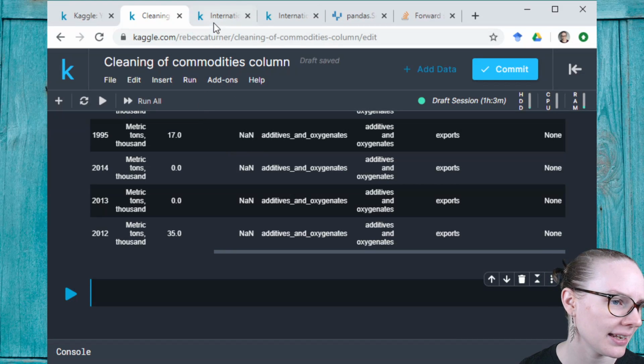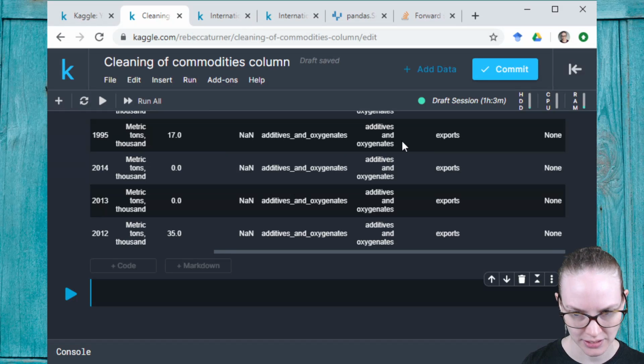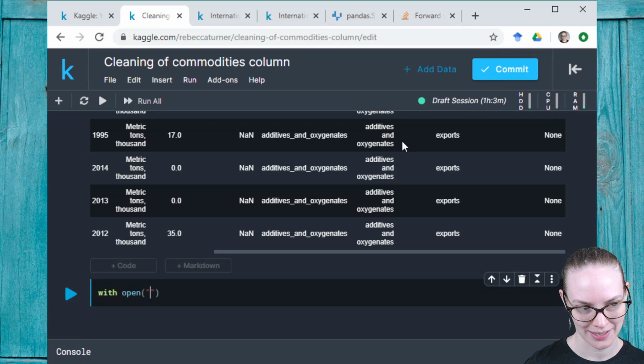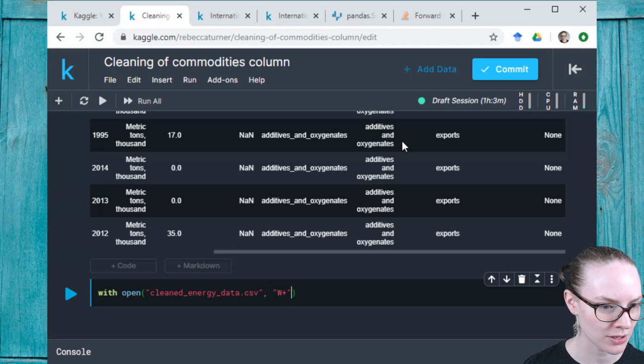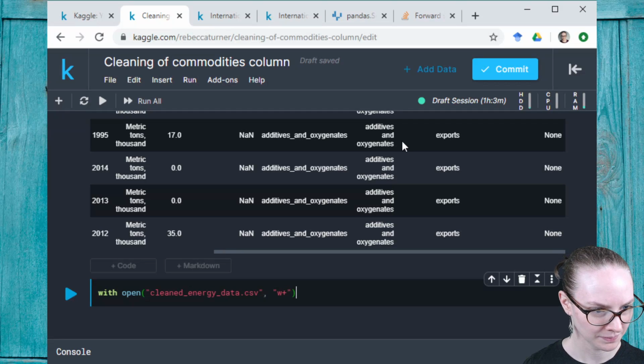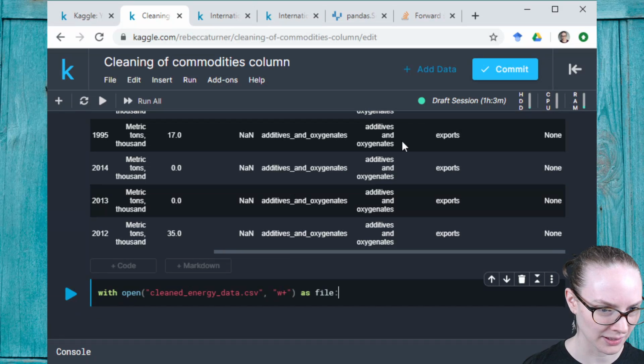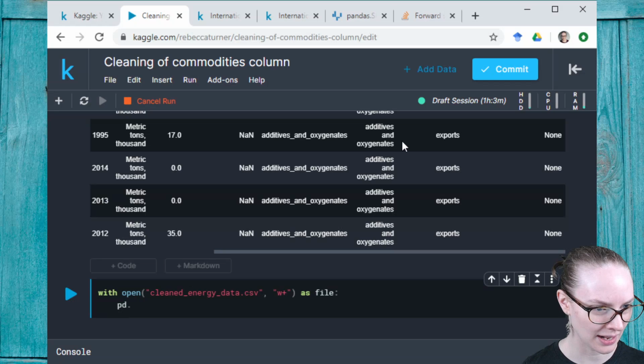So finally, let's save it out. And ooh, can I save a Python file without looking it up? With open cleaned energy data.csv, and I want write permissions as file. pd.write save.